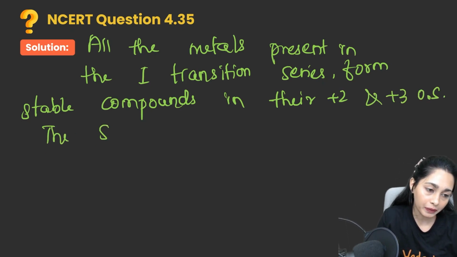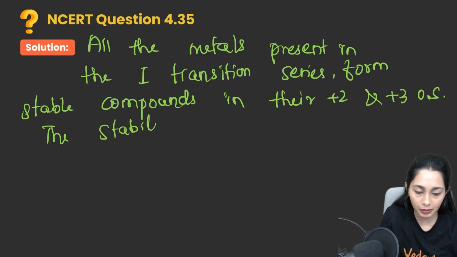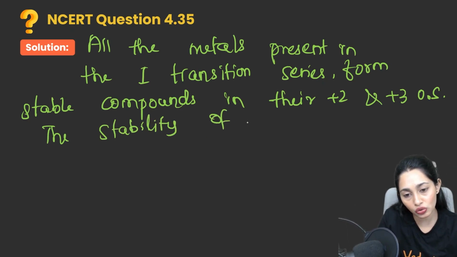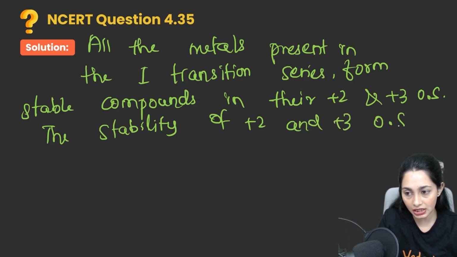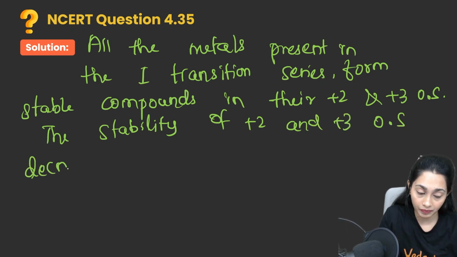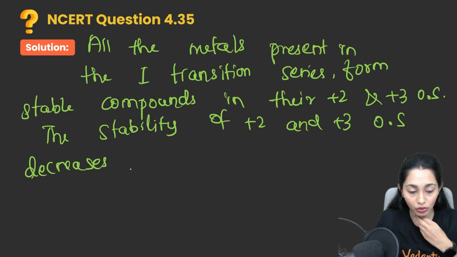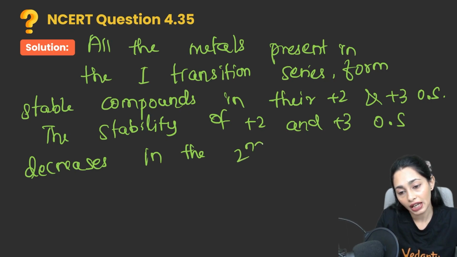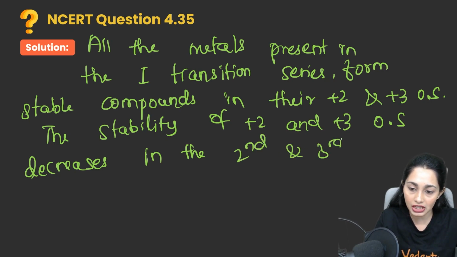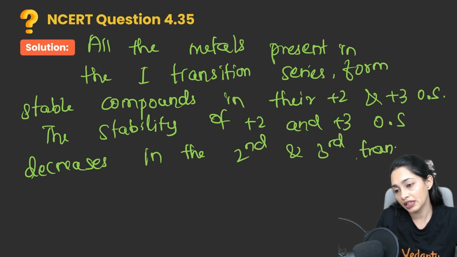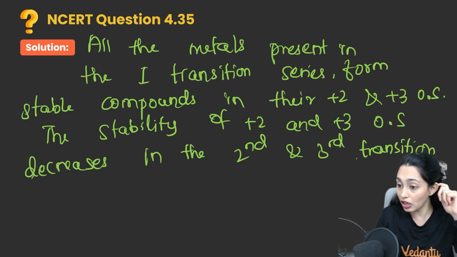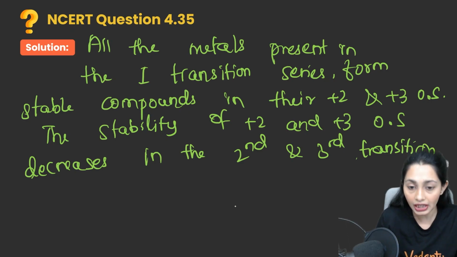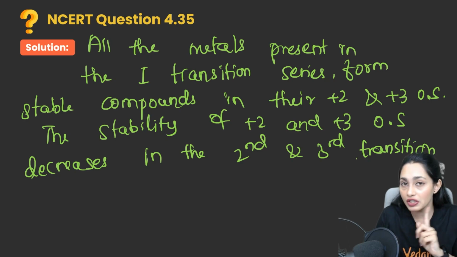The stability of +2 and +3 oxidation states decreases in the second and third transition series. The stability of +2 and +3 oxidation states is high in the first transition series.